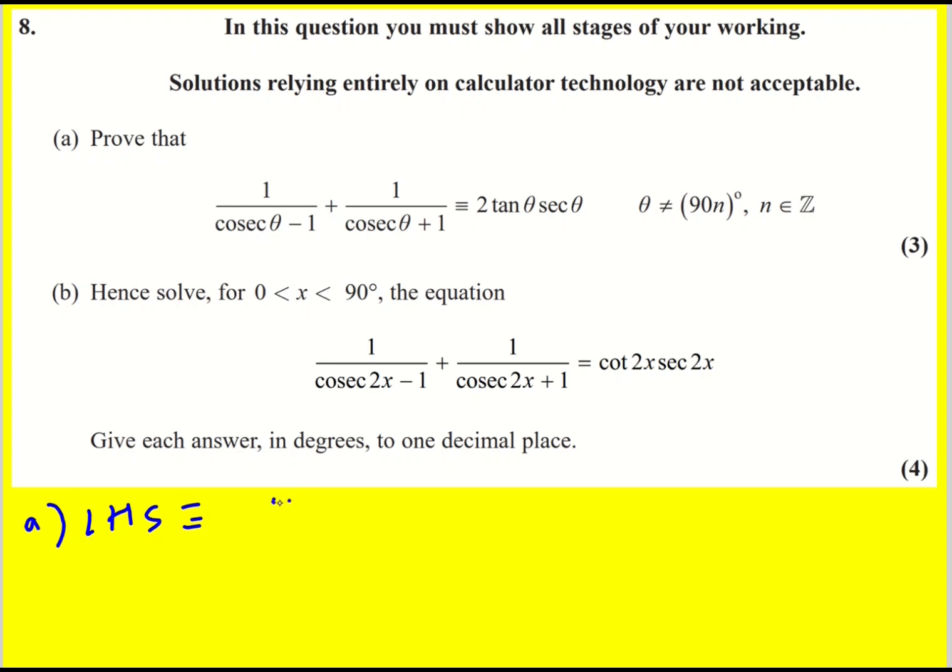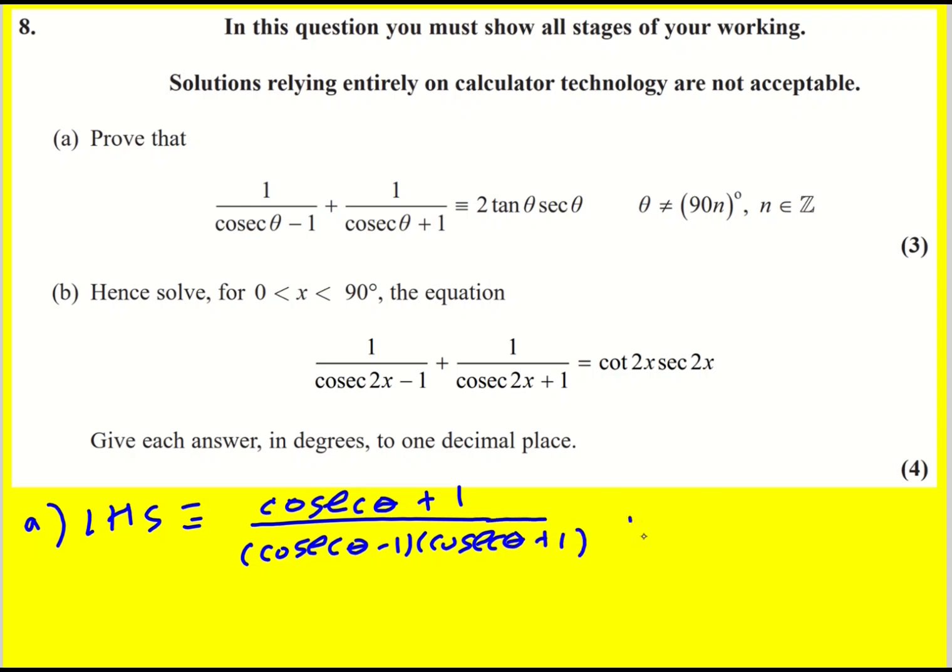So I'm going to get cosec theta plus 1 over cosec theta minus 1 times cosec theta plus 1, plus cosec theta minus 1 over the same thing.